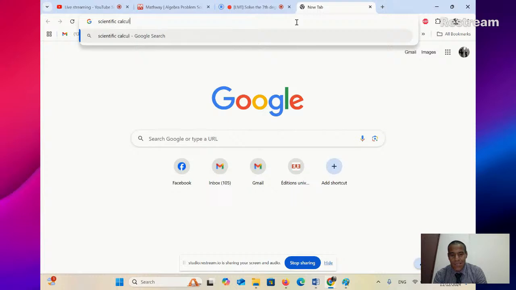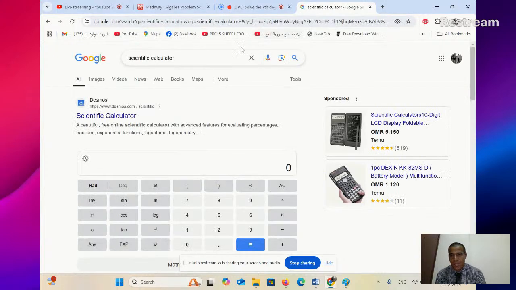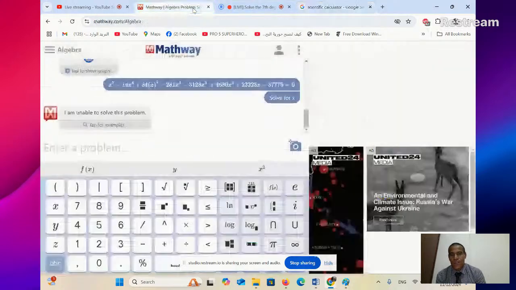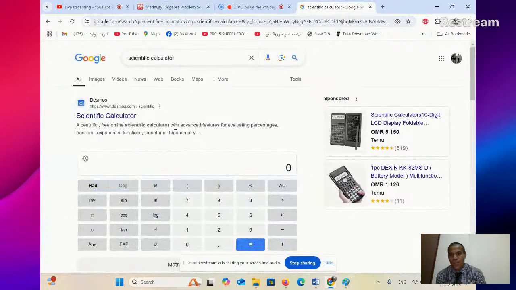Let's see how you can use this. So, what is the first example? x raised to the power 7 minus 14x. We are told that 2 is a root. What is the exponent? 2 to the power 7.